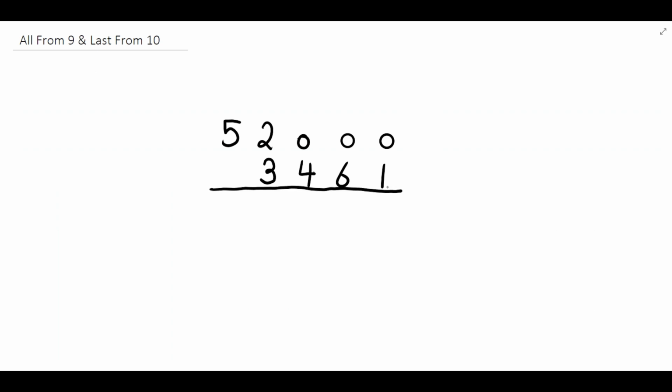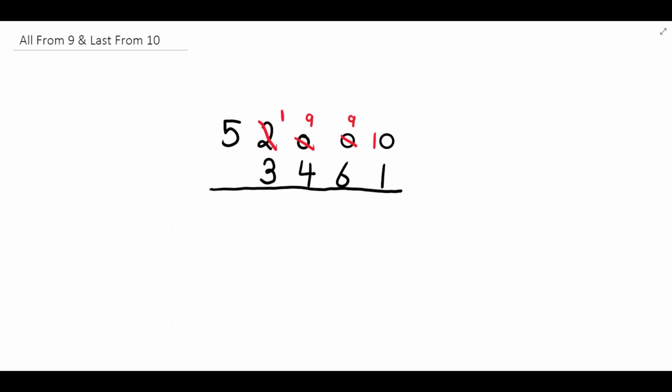Again, all the zeros except the last one will be converted to a 9. And the last, in this case the unitary 0, will become a 10. But don't forget, you have to subtract 1 from here to make it possible.